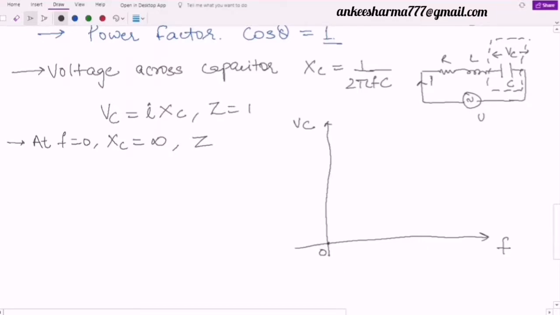Z is equal to the root of R square plus XL minus XC whole square. So definitely if XC is infinity, then the value of Z will also be equal to infinity. If I take the case of XL, then XL at F equal to 0 will be definitely equal to 0. तो उसका कोई impact नहीं है, right?